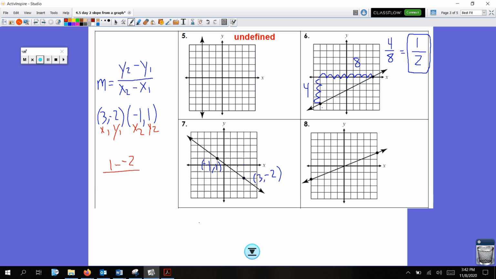In the denominator, I have negative 1 for x2, so negative 1 minus x1, 3, like that, all right? 1 minus negative 2. Remember what I said? That becomes addition here, big fat plus sign. So 1 plus 2 is 3. Negative 1 minus 3 is negative 4. So this is a negative slope. Remember, you can write it like negative 3 over 4 as well.